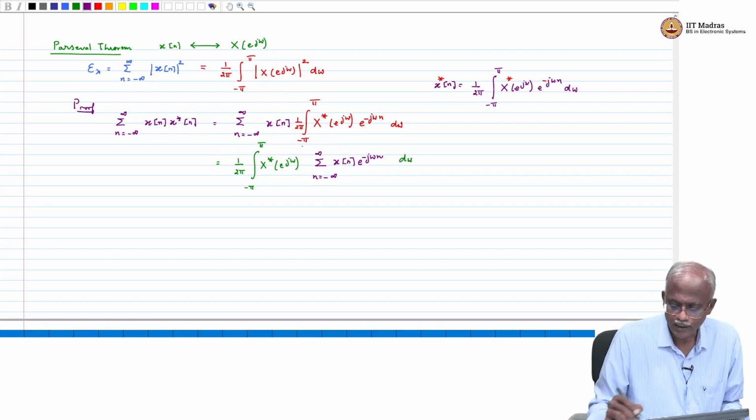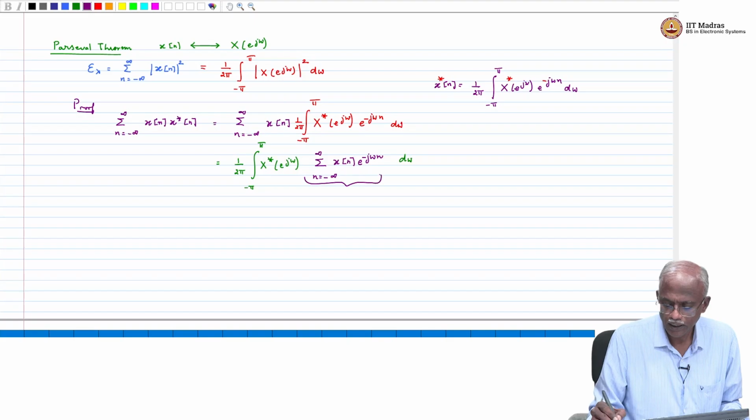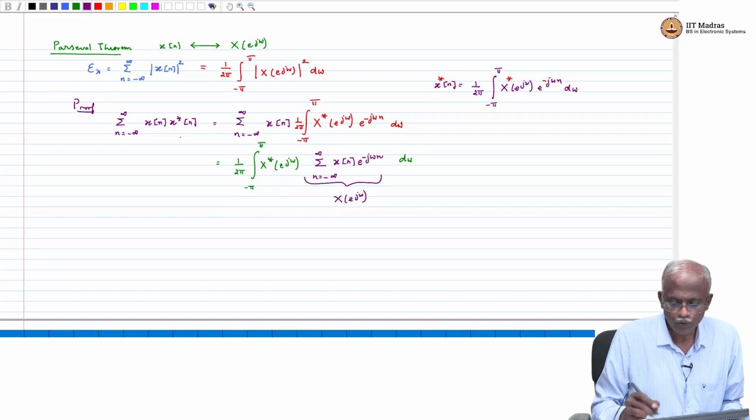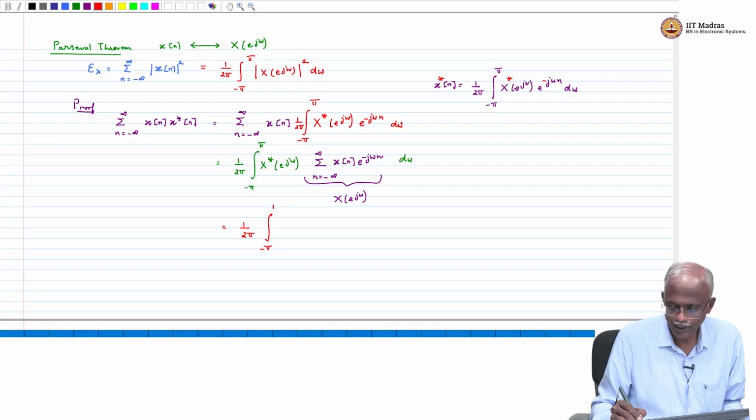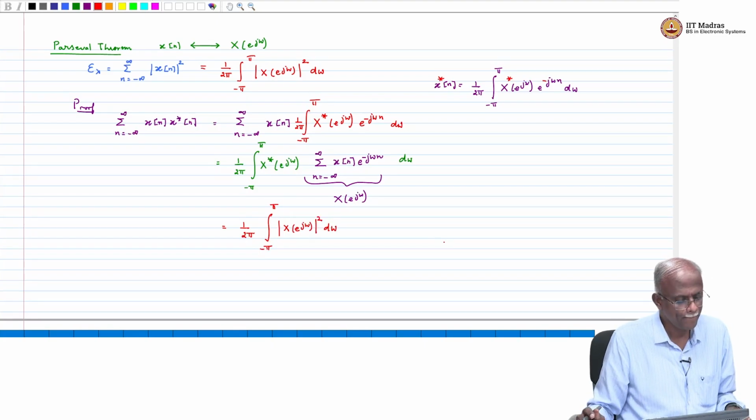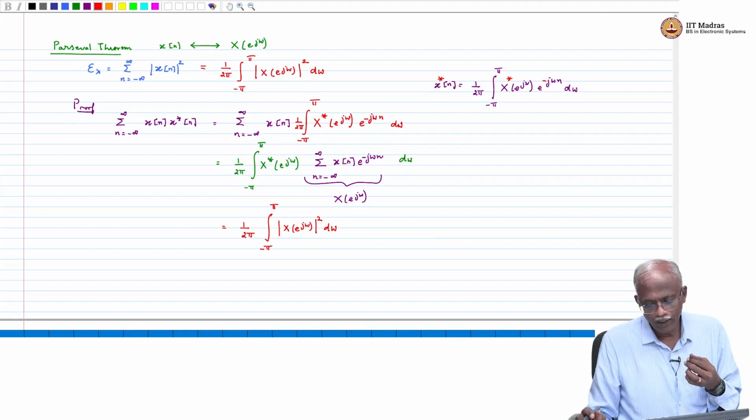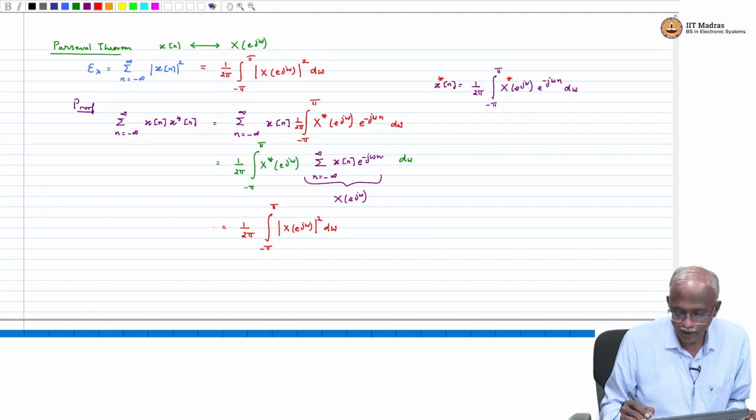Now this is nothing but X(e^{jω}). So what we get here is 1 over 2π, integral minus π to π, magnitude X(e^{jω}) squared d omega. Okay, so this is Parseval's theorem.